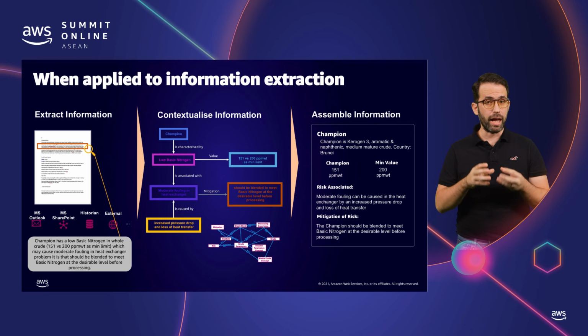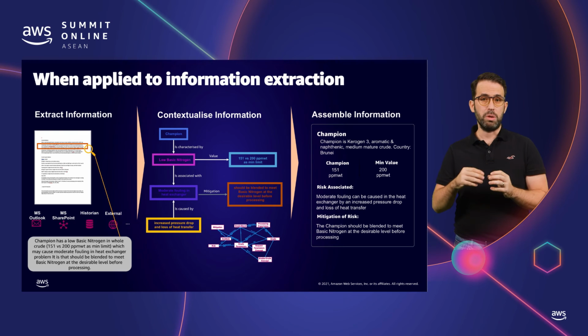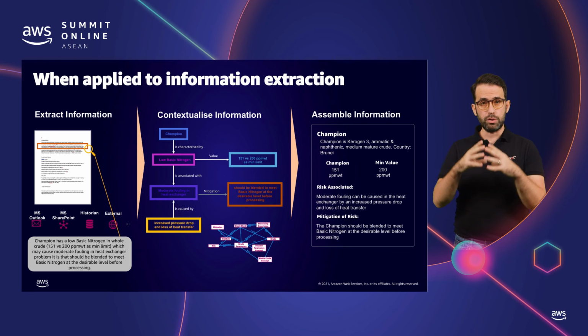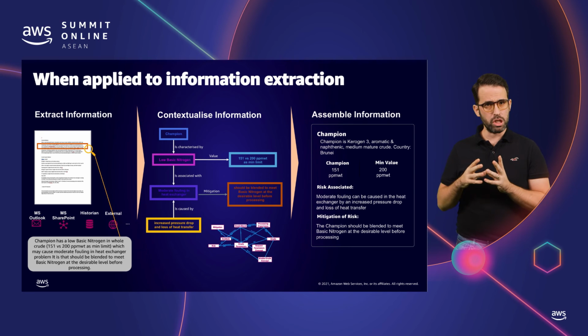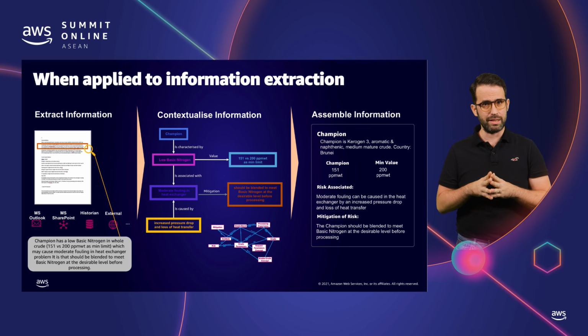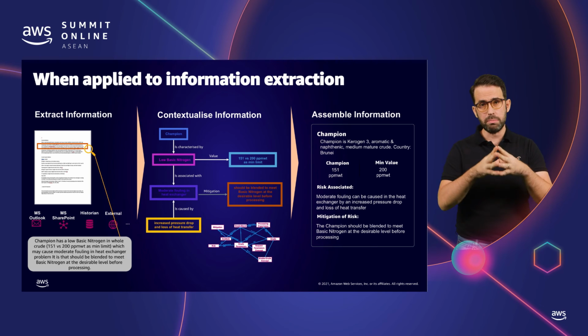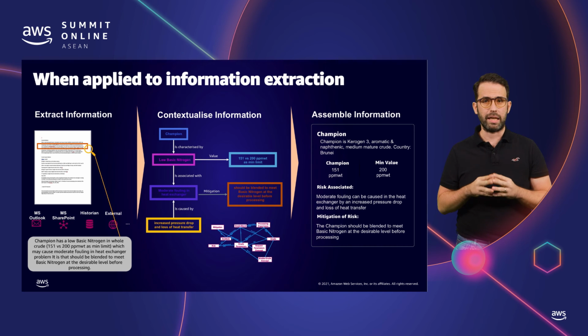For example, if I have a crude A, which has a certain list of properties, such as a certain level of basic nitrogen and sulfur, and then I later ingest a new crude B, which has similar basic nitrogen and sulfur levels but also has information about the risk associated with it, due to some feedback from an agent who maybe tried to process it in the field, I can estimate that there is a probability that crude A also has a similar risk as crude B. This makes the whole structure extremely dynamic and enables the graph to grow automatically.